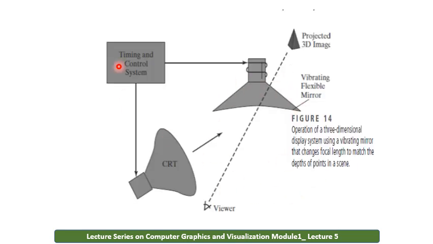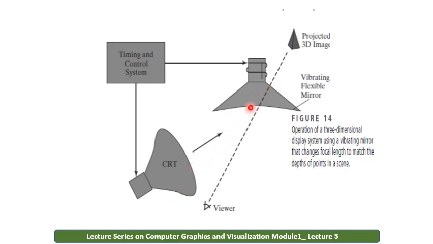The operation of the three-dimensional display system can be done by using a vibrating mirror, and this is the focal length between the CRT and the flexible mirror. This flexible mirror is always vibrating. It vibrates depending upon the distance, and the distance from the CRT to the vibrating mirror will be considered as the focal length.